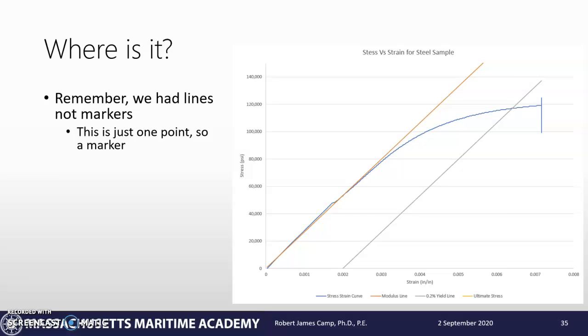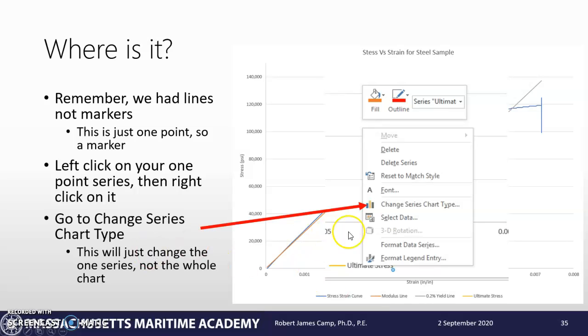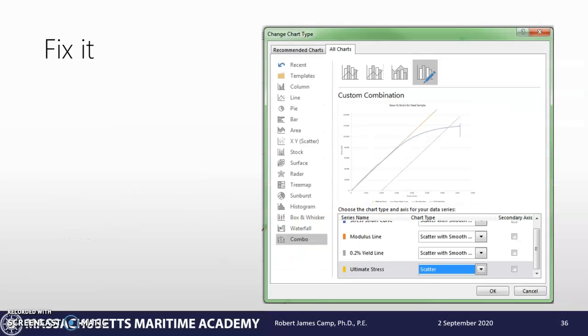It's just one point, which is a marker. We can't see it. So what you want to do is left-click on your one-point series, which is basically you click down here on the title to activate it, and then right-click on it, and bring up Change Series Chart Type. This is just going to change one series, not the whole chart, which is what we want because we want the other ones to still be lines.